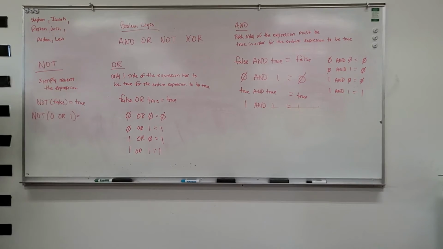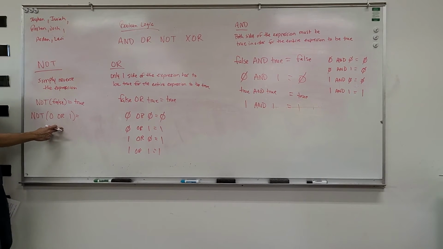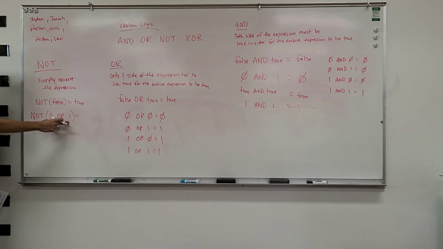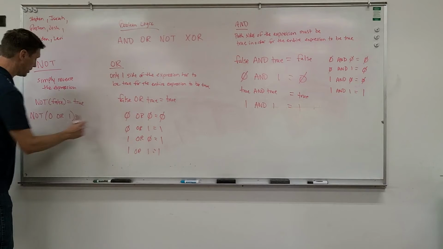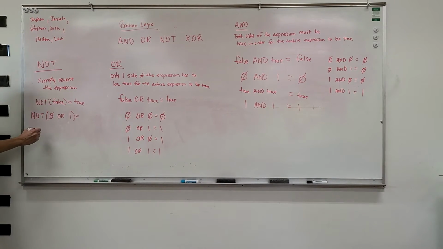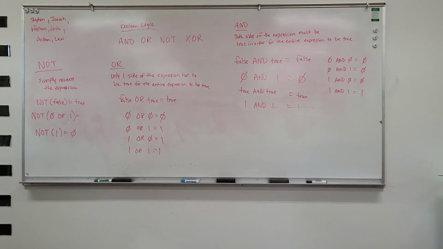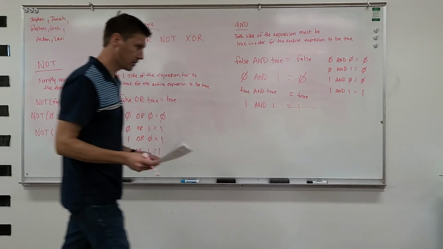And so what this is saying is do your OR Boolean logic problem first. Evaluate that expression first. 0 or 1 will yield what? 1, right? 0 or 1 is 1. And so then now I'm doing not 1. And what's not 1 going to be? Well, that's going to be 0, because I take the opposite, the reverse of 1. So make sure you do your parentheses first.